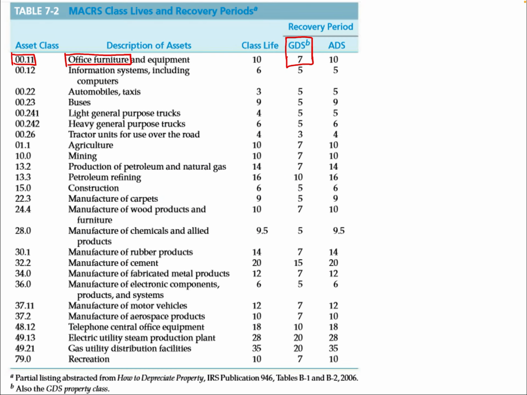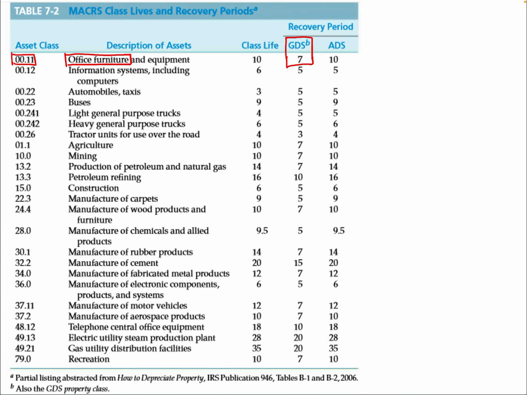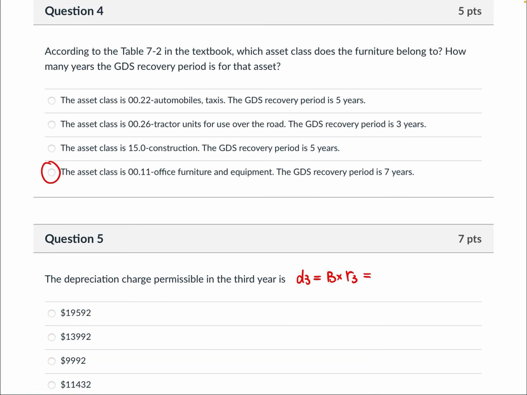So what is R3? Check this table because you're looking at the 7-year class. So R3 is the third row, which is 0.1749. Okay, so it is 80,000 times 0.1749. And that will give you 13,992.